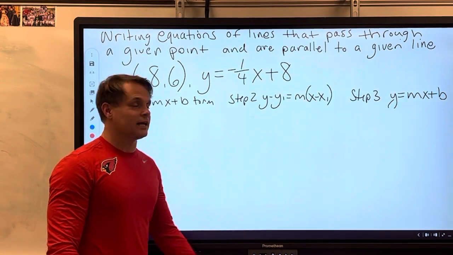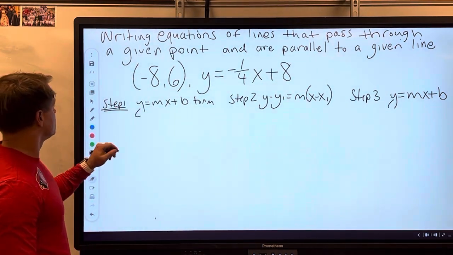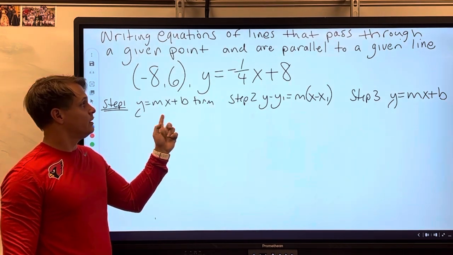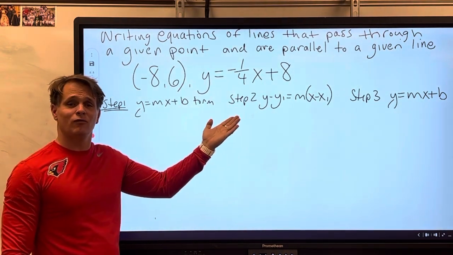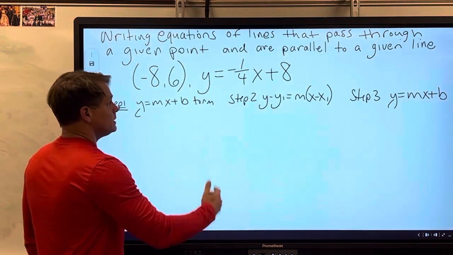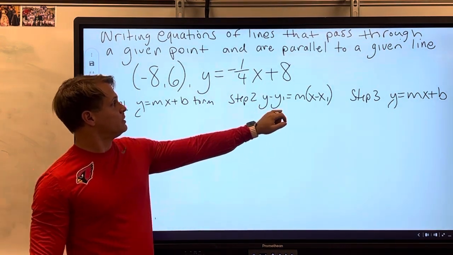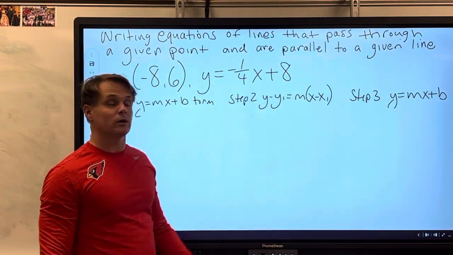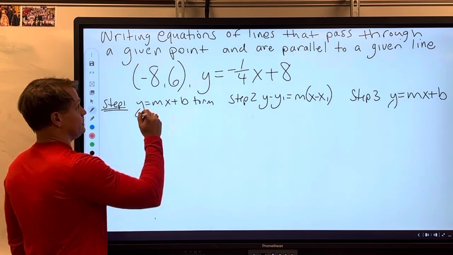Okay, let's take a look at it. Step number 1, we got to write it in y equals mx plus b form. Is it already written in y equals mx plus b form, or slope-intercept form? Yes. Step number 2, I want to put the x-coordinate, the y-coordinate, and the slope in for the formula. All right, easy enough.